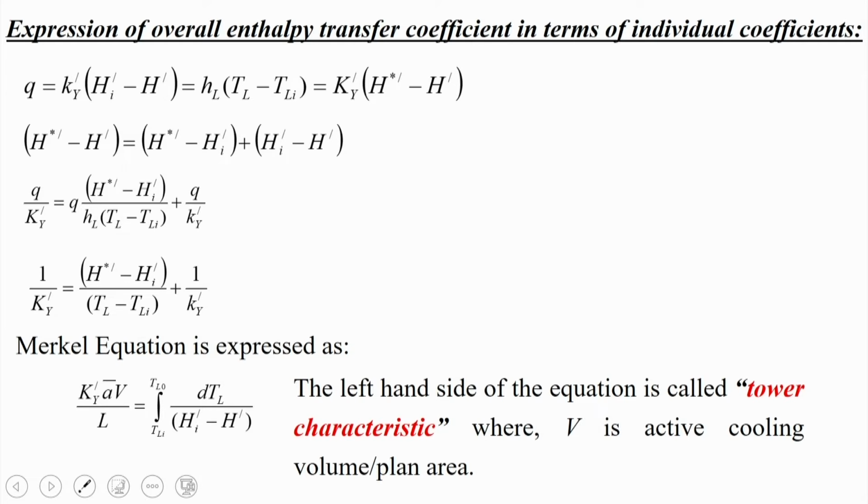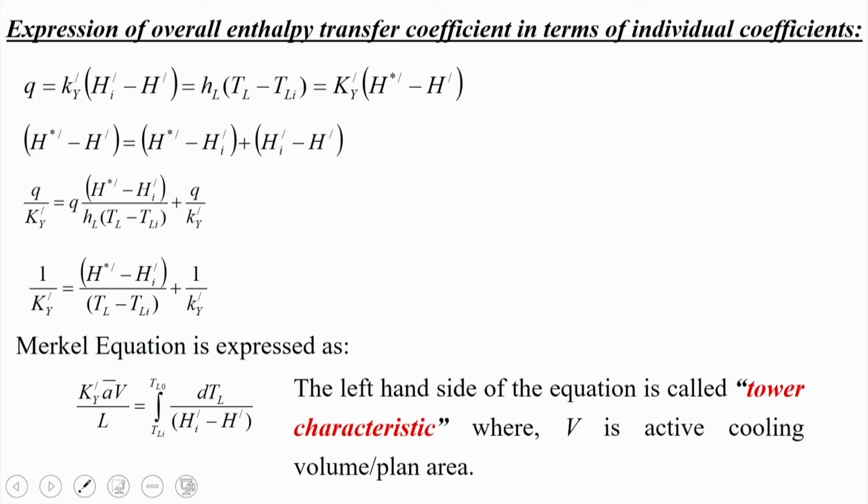We get q by capital K y prime is equal to q by q into h star prime minus h I prime by h L into T L minus T L I, plus q by small k y prime. So we are able to correlate the overall enthalpy transfer coefficient with the individual coefficients.